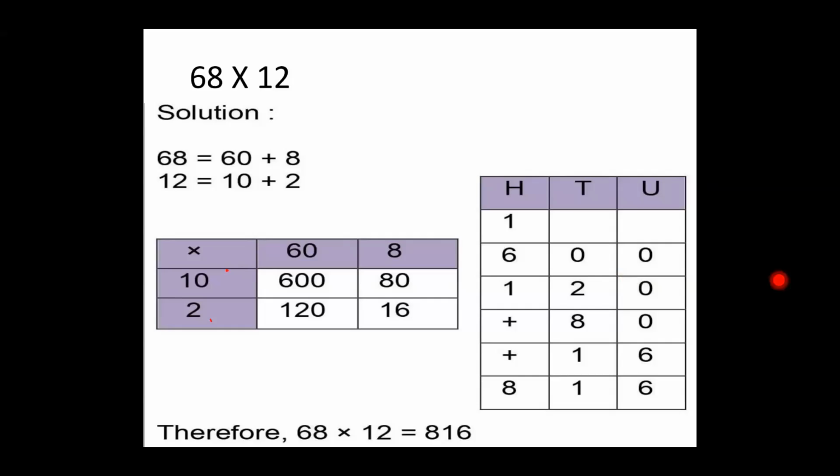Did you place the digit? Which will be the first digit? First column will be multiplication. Then 60 and 8. And vertically it will be multiplication 10 and 2.